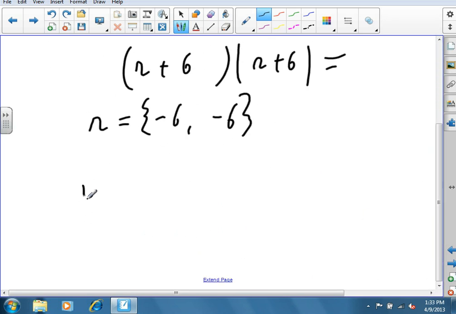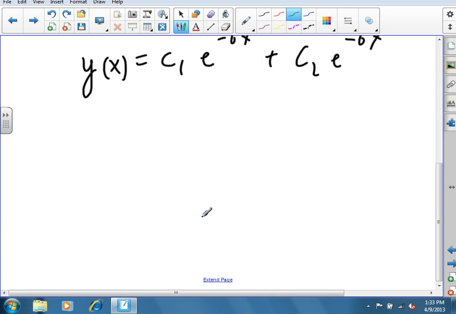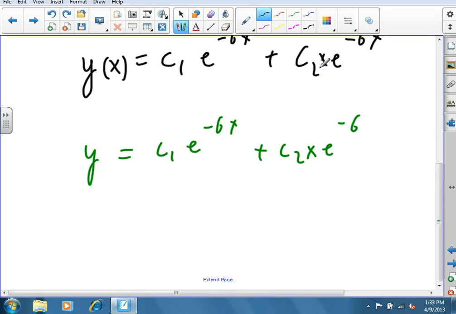I can write down my answer. y of x is equal to c1 e to the minus 6x plus c2 x e to the minus 6x. I can then check my work. y is c1 e to the minus 6x plus c2 x e to the minus 6x, and we remember that there's an x there that we didn't put in.